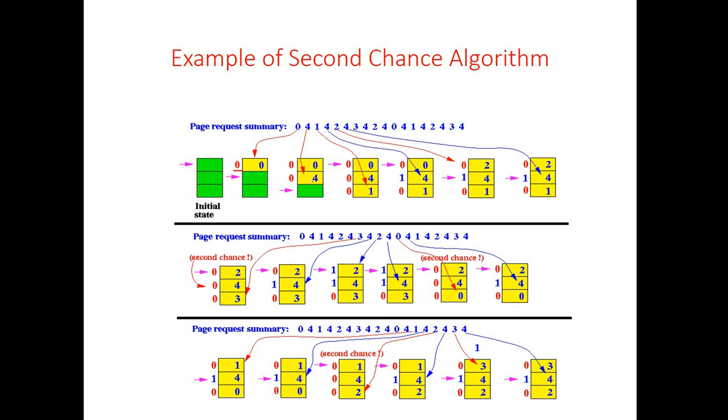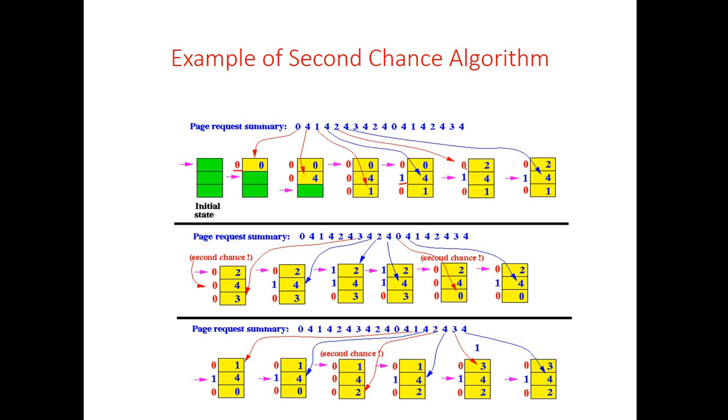Similarly, 4 is brought into the physical memory, its reference bit is 0. 1 is brought into the physical memory, its reference bit is marked 0. Now 4 is referenced. When 4 is the page accessed, the corresponding reference bit of 4 becomes 1.